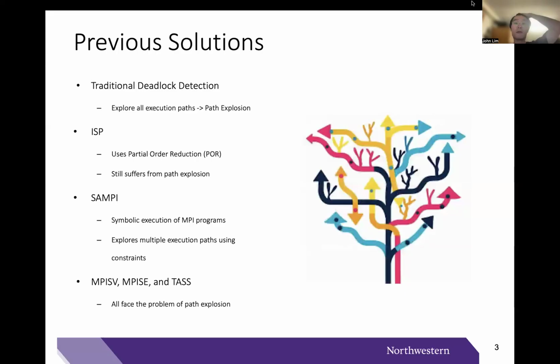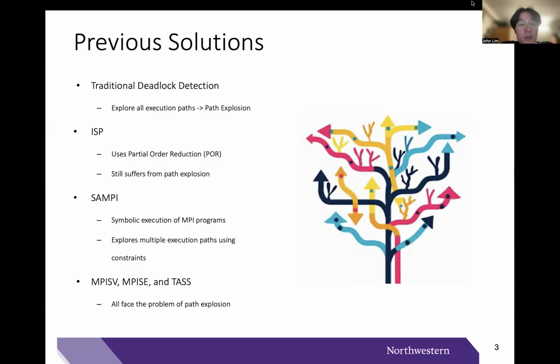There have been some solutions to do the deadlock detection in MPI programs. The traditional deadlock detection is where you basically explore all execution paths. However, this solution is not feasible because of the problem of path explosion. Path explosion refers to the rapid growth in the number of possible execution paths in a program.